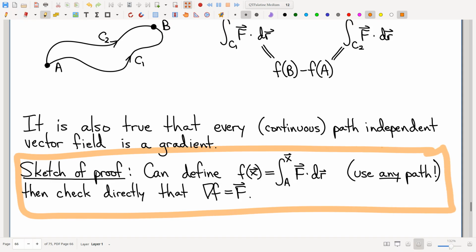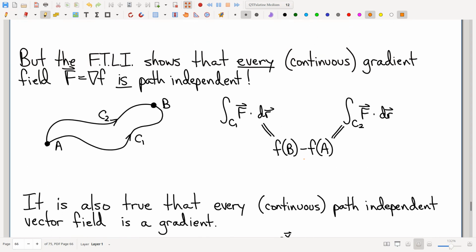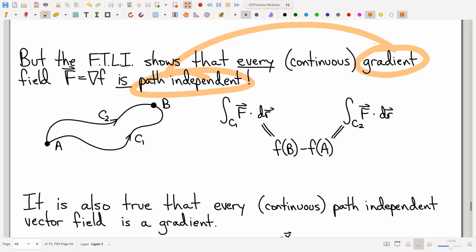Think of this as being labeled as optional, but helpful if you're interested. So anyway, if you're curious, feel free to look at that. You don't have to. So, regularity issues aside, path independent is exactly the gradient fields. Okay.